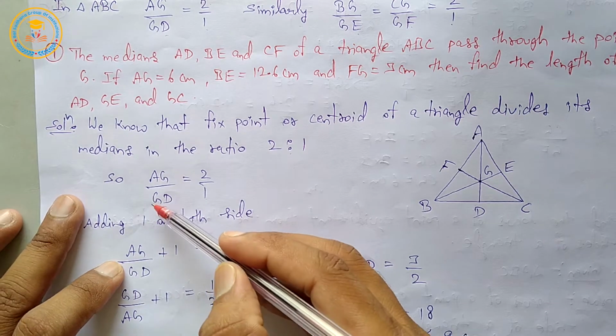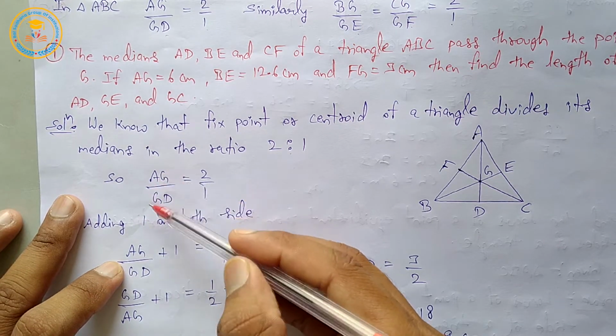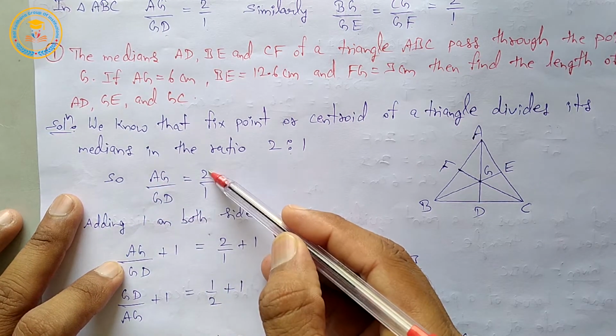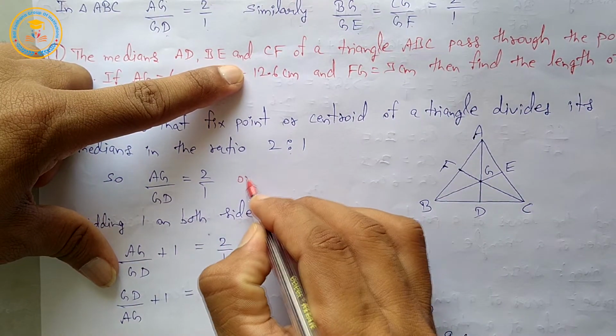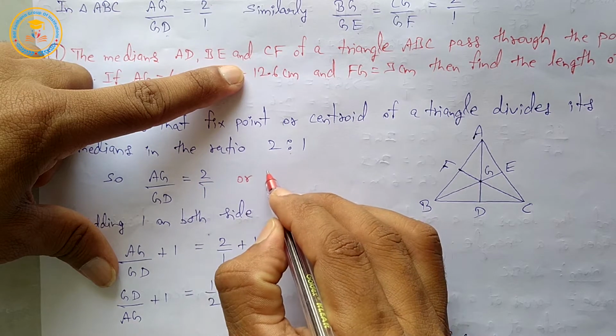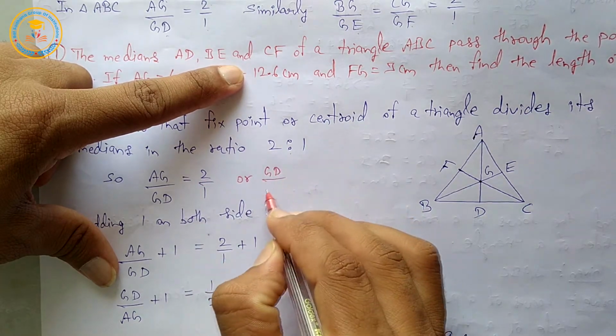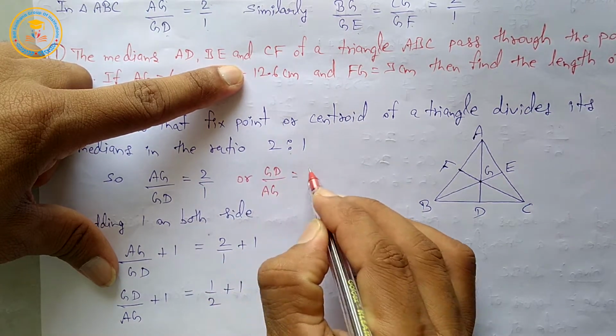Adding 1 on both sides: AG upon GD + 1 equals 2 upon 1 + 1. It means GD upon AG + 1 equals 1/2 + 1.